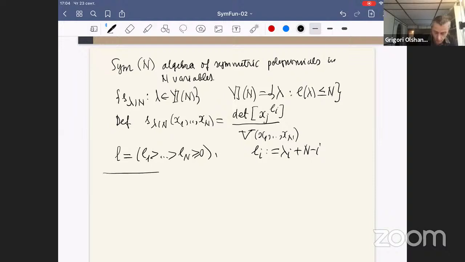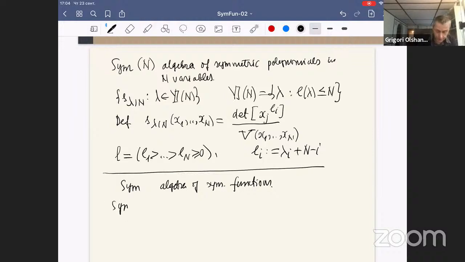Next, the algebra of symmetric functions can be introduced as follows. It is a graded algebra.